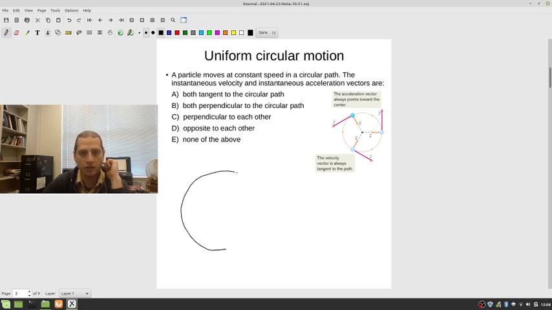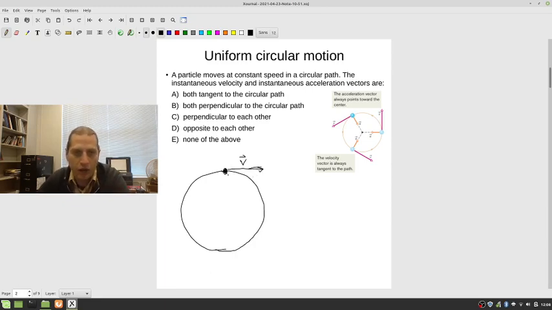So what was the idea of uniform circular motion? Well, the idea was that, let's say you are moving around in a circle. Even if you're going at a constant speed, your instantaneous velocity at a point on the circle is pointed tangentially to the circumference of the circle.